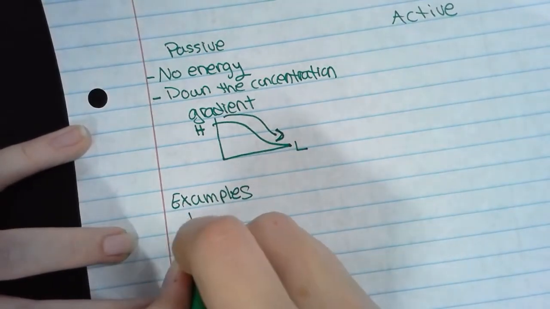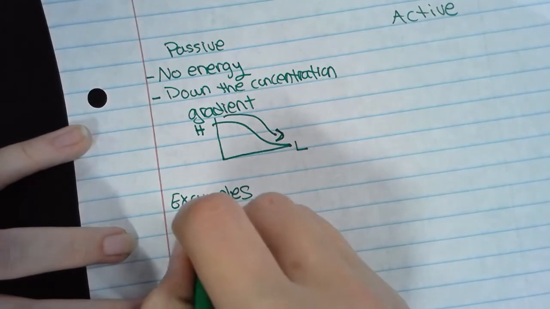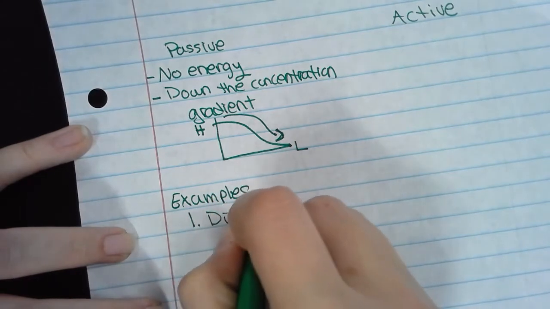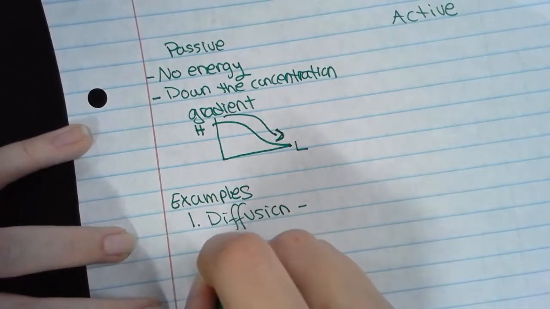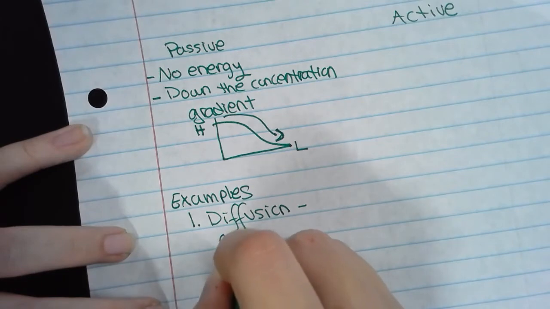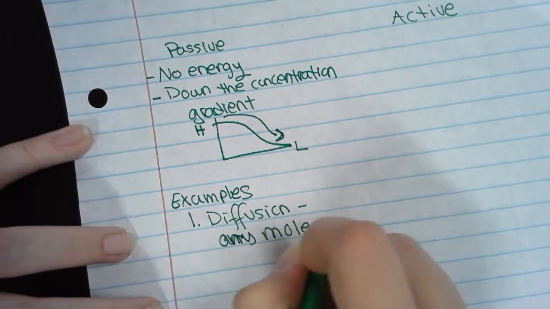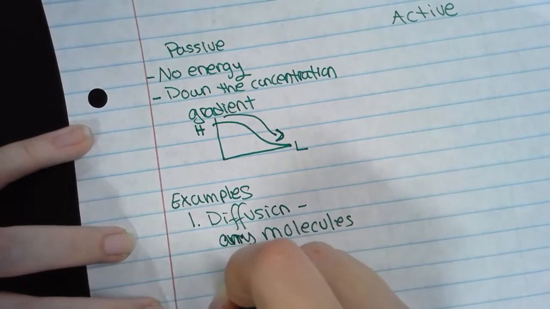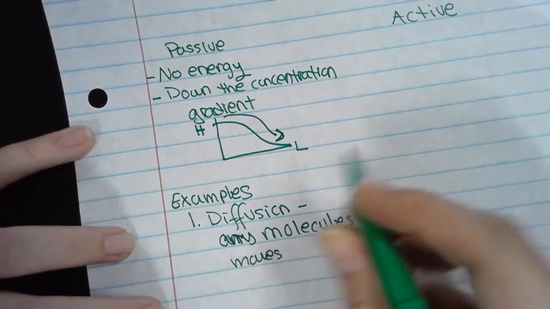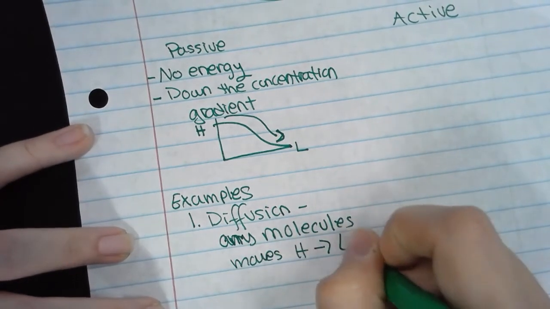The first is diffusion. This is when any molecule moves from a high to a low concentration.